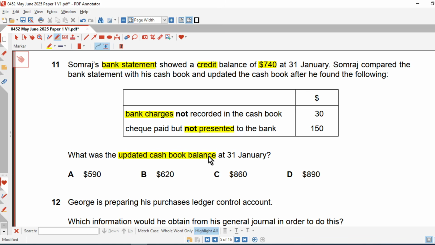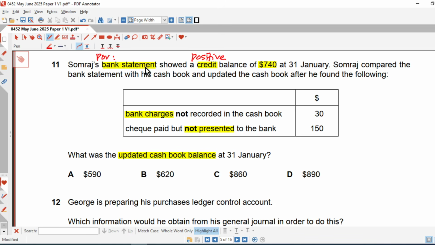First, we need to understand that the credit balance on the bank statement actually represents a positive cash balance. I know most people see credit, you think of overdraft, but here you need to be careful because you're looking at the point of view of the bank.